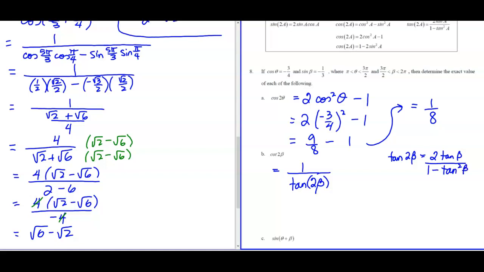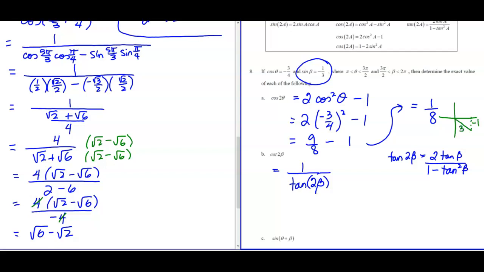Okay. So all that we know is this for beta. So sine of beta is negative 1/3, and beta is in the 4th quadrant. Okay, so this would be negative 1 and 3.